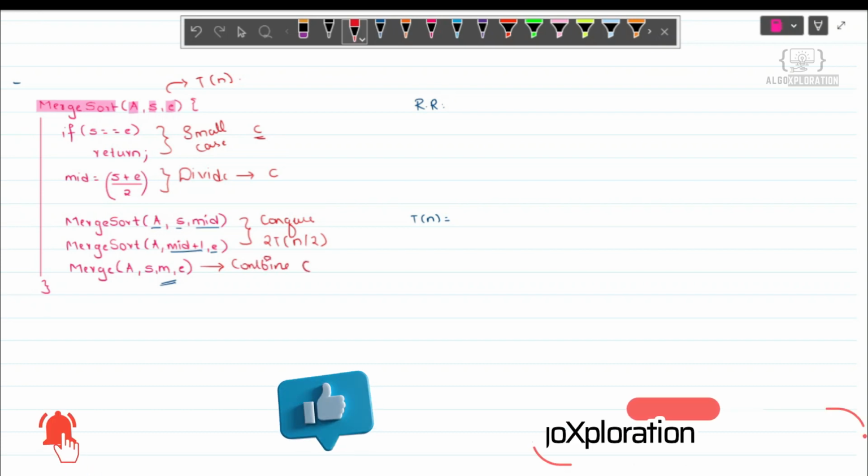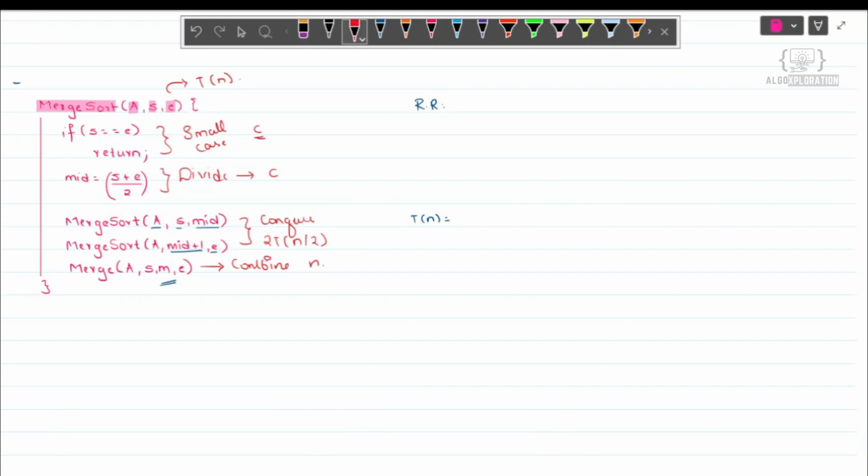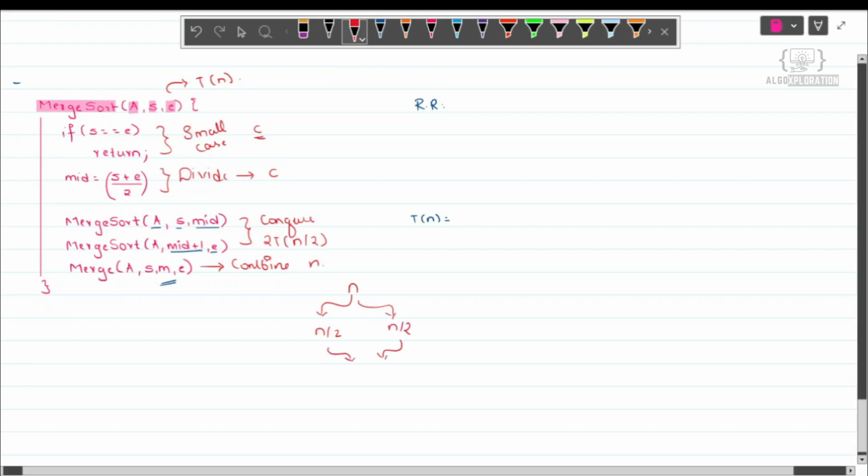That will take n time, because we have seen it. Why n? Because let's say the number of elements is n, then we are dividing it into n by 2 and n by 2. Now again we are merging it. That will be n by 2 plus n by 2, that will be n. So due to this it will be n.